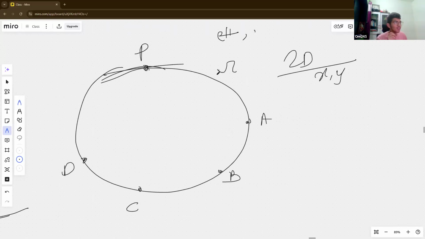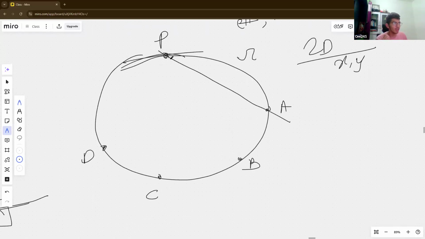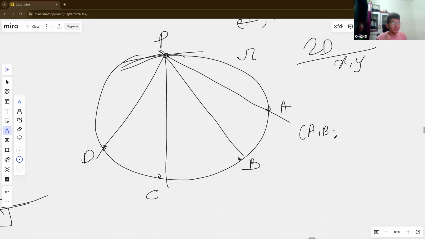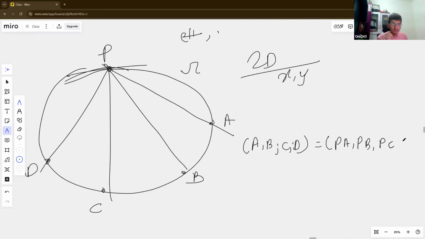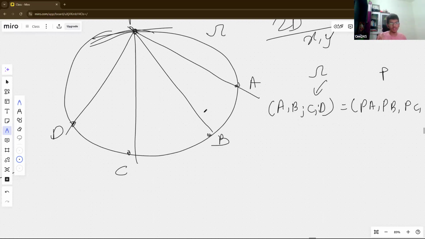Now the cross ratio for A, B, C is the same as the cross ratio of these lines from P. So we define cross ratio on conic omega as the cross ratio of the pencil of lines from P. So you can actually define cross ratio for a conic.